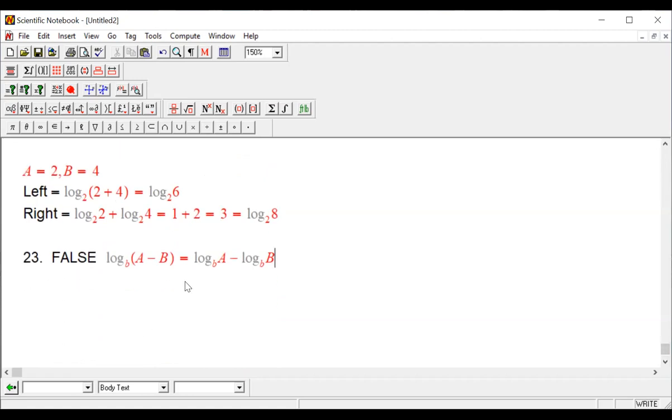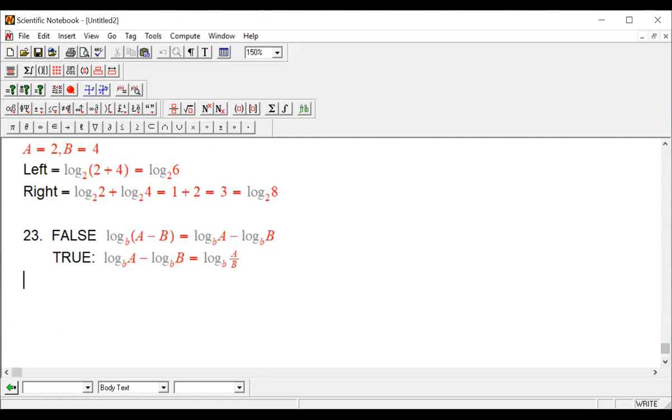This is false. And the latter, what is true is the latter. The latter is equal to log base B of capital A divided by capital B. Okay, so that was a serious confusion right there.